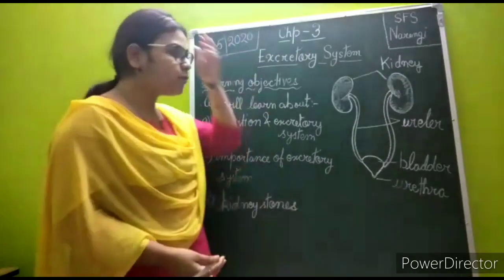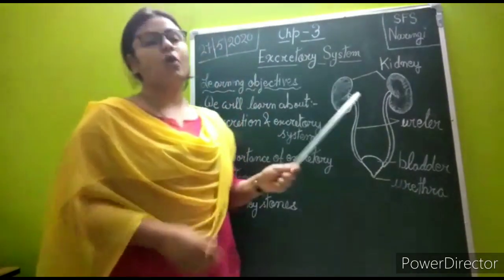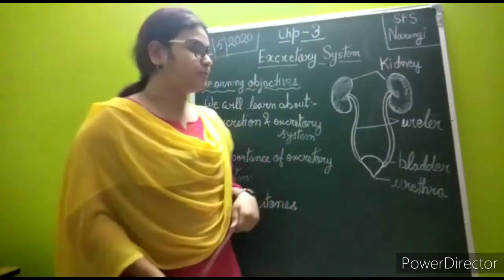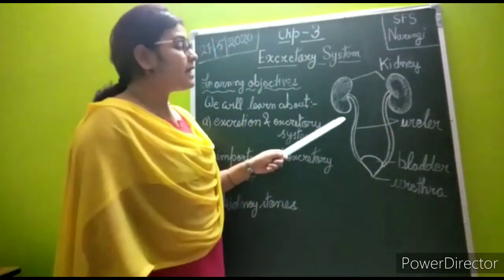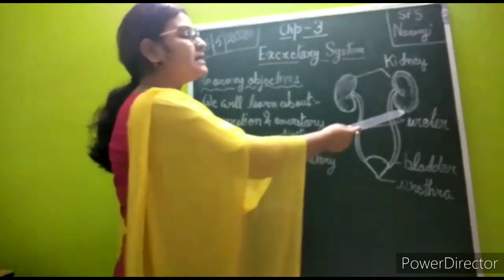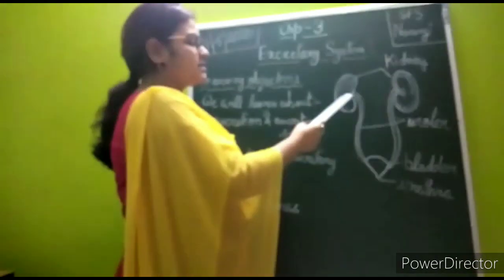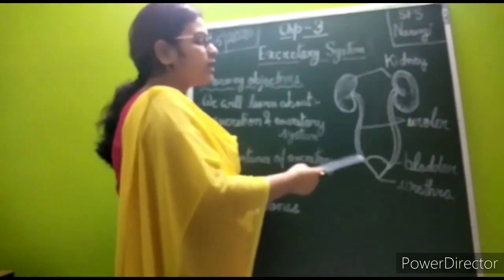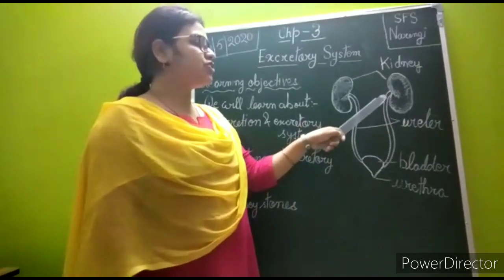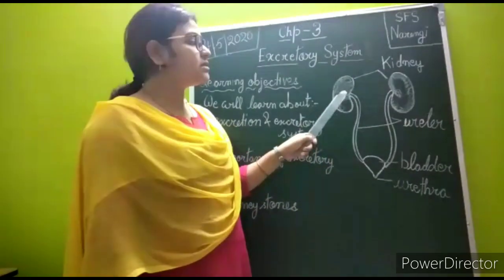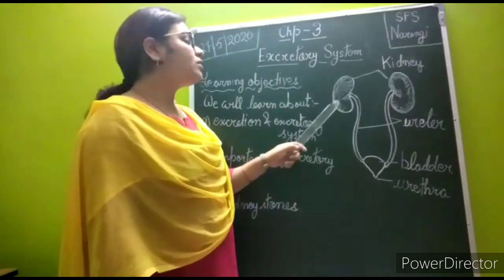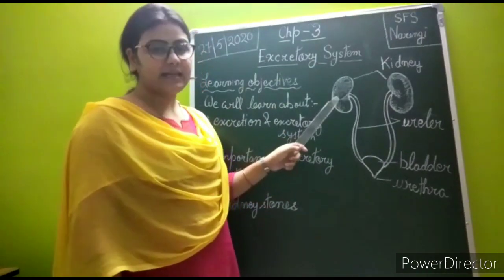Now, I will tell you what are these. These are the different organs which make up our excretory system. Now, our body is having two kidneys. So, these are the two kidneys that we have, and from the kidneys, the ureter, it is a pipeline, a long tube-like extension, okay, that joins the kidney to the bladder. Now, the waste materials get collected where?